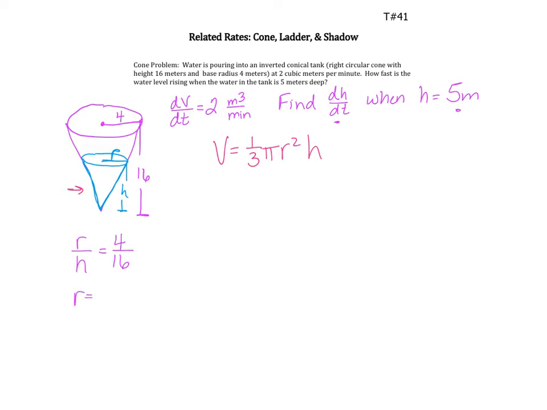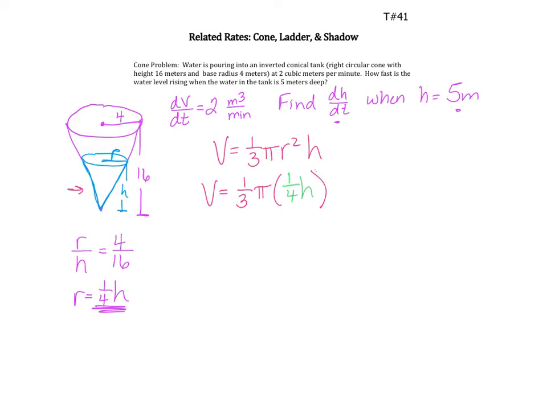So I need to get r in terms of h. And so here's what I'm going to do. I'm going to take this r and watch what I do to the relating equation. So I'm doing some stuff with this before I actually take the derivative.